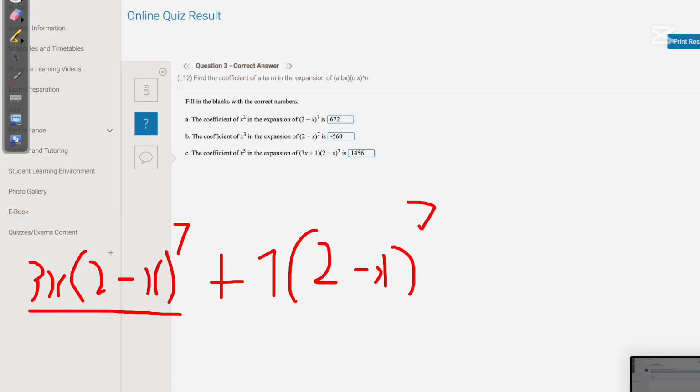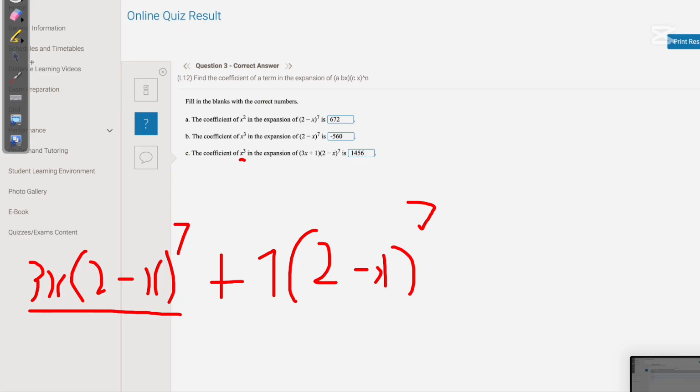To get x cubed, we already have an x here, and then x is to the power of k, which is what we're trying to find. No, it's not going to work like that. So k will be 2.